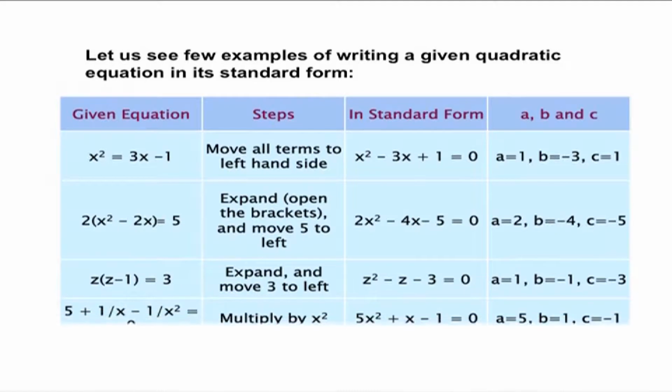Similarly, the fourth equation is 5 plus 1 by x minus 1 by x square equal to 0. Now you multiply by x square, and you will get the standard form, that is 5x square plus x minus 1 equal to 0, where a equal to 5, b equal to 1 and c equal to minus 1.